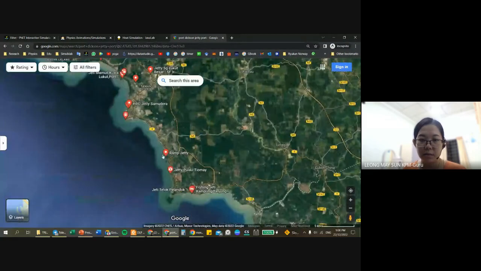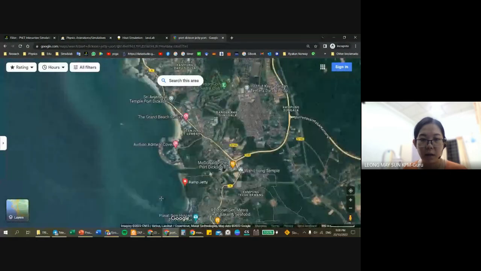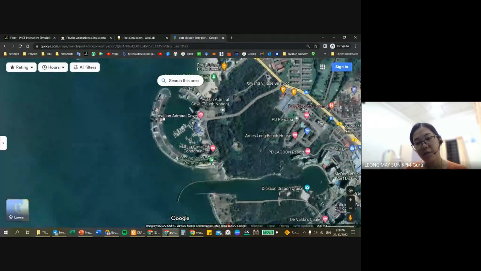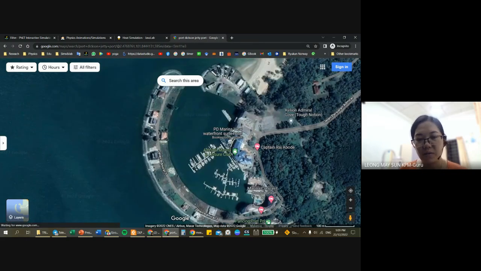You see this part? At Avillion Admiral Cove, what they did was extend this part of the land. They built some houses and bungalows at this area, but their main purpose was not to build the resorts or houses, but this part.